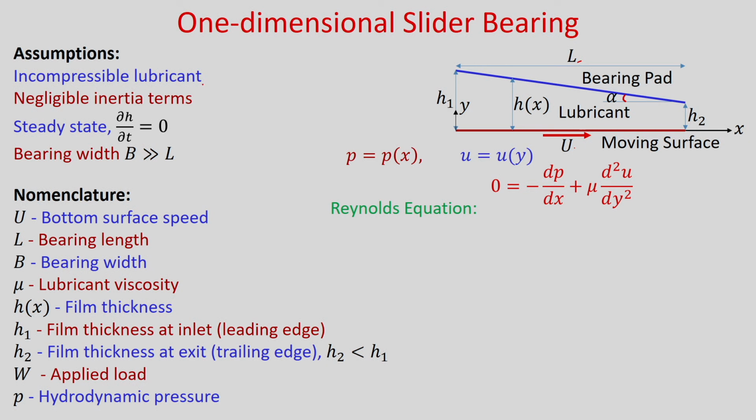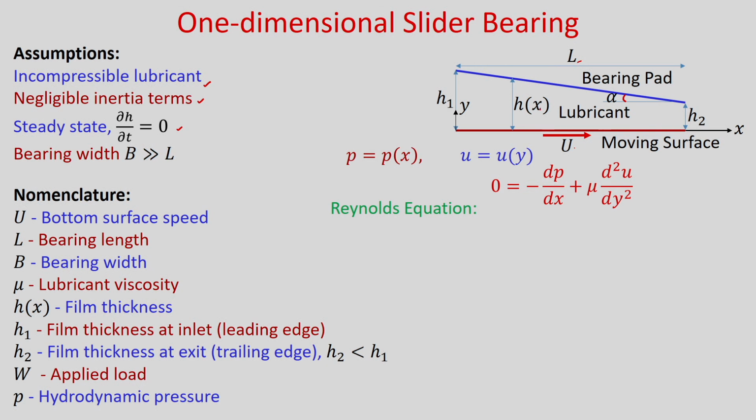We will use incompressible lubricant, we will neglect the inertia terms, and we will consider steady state. That means del h by del t is equal to 0. What does it mean? That there is no normal velocity or vertical velocity in y direction, that means v is equal to 0.